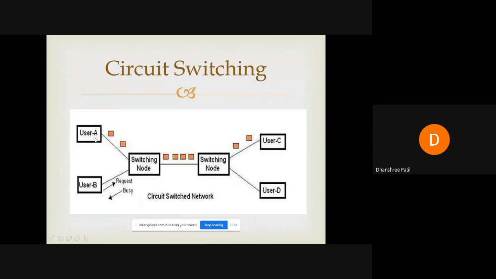Suppose the path is free, then it is allocated to user A only. In between, suppose user B also wants to send data at the same time. It will request a path, but as it is busy, it is not allowed to send the data unless and until user A finishes its communication.